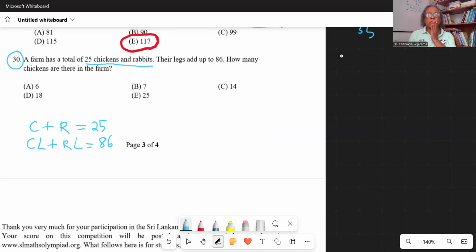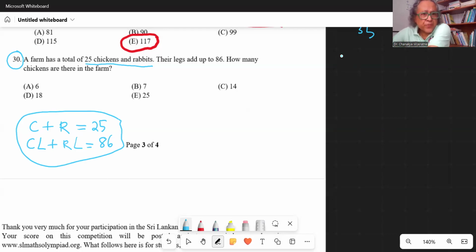Now, how do you find the number of chickens? You can think how to proceed like this, but we will make a table and solve this problem. So we make a systematic list.